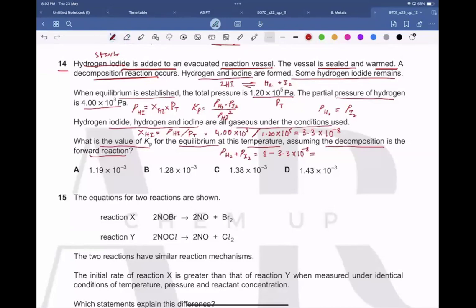Okay. So can anyone subtract it? Yes, Hassan, 1 minus 3.3 × 10^-2. Okay.